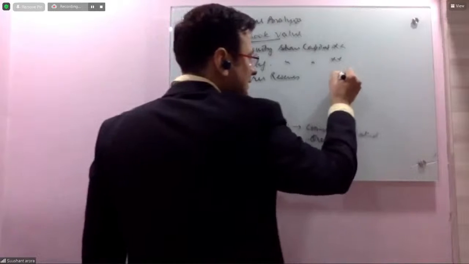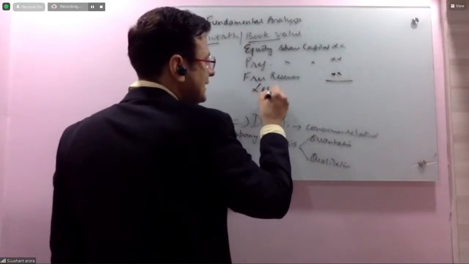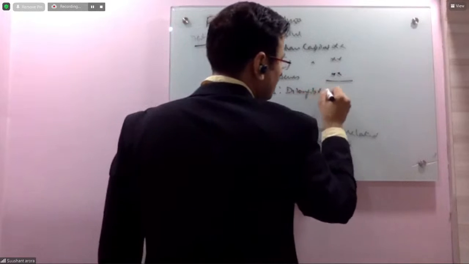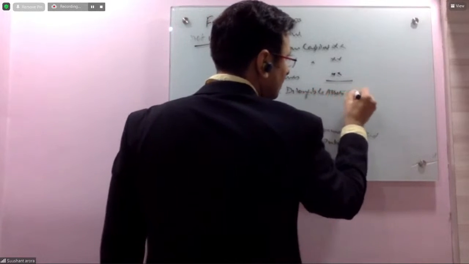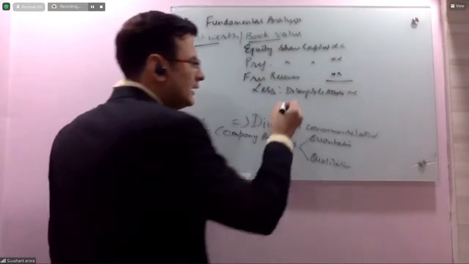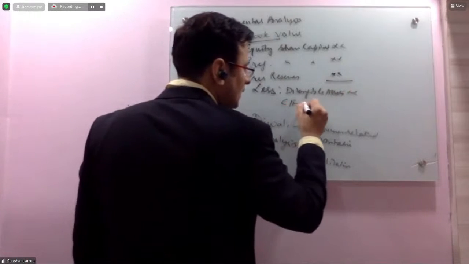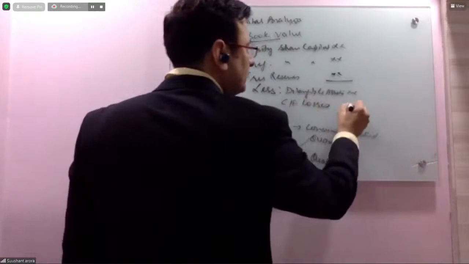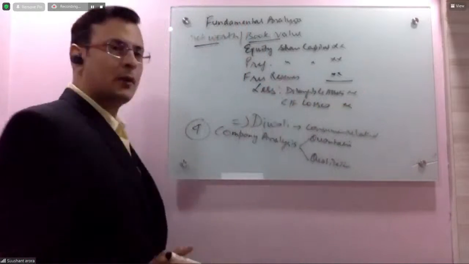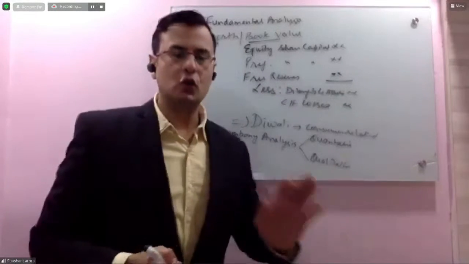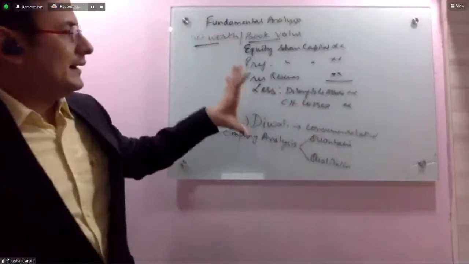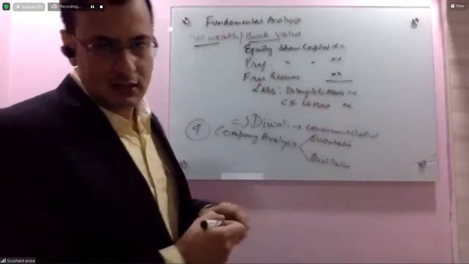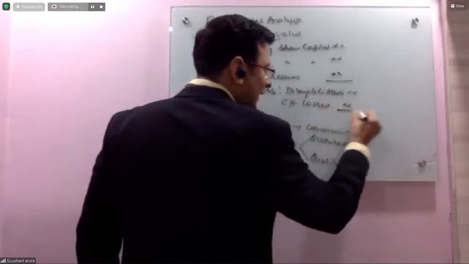So you add all these and reduce two things: intangible assets and carry forward losses, if any. If they are there, okay; if not, not a problem. If the net worth is strong, you get the total net worth.